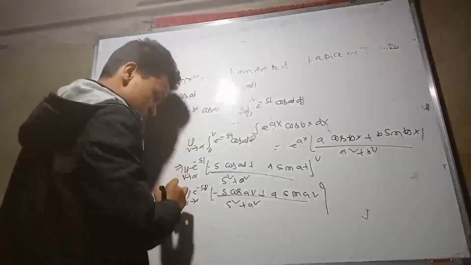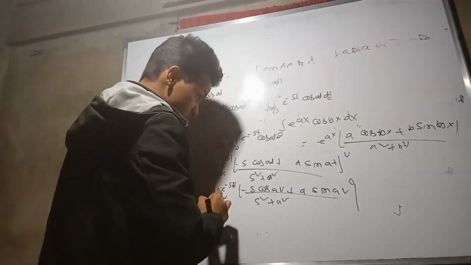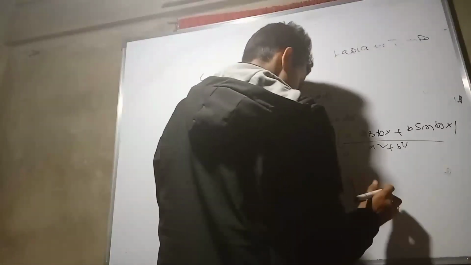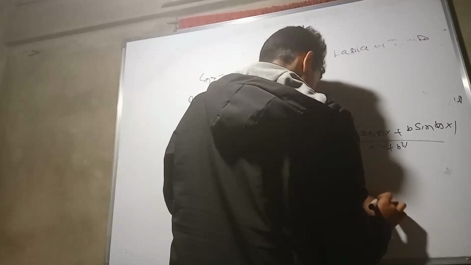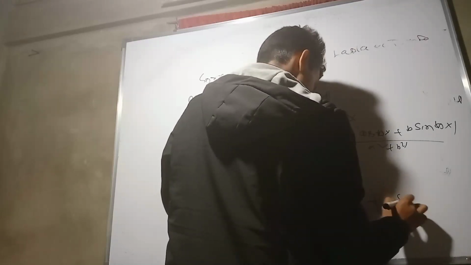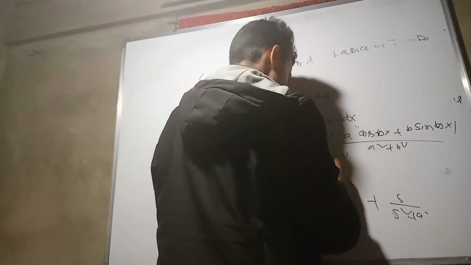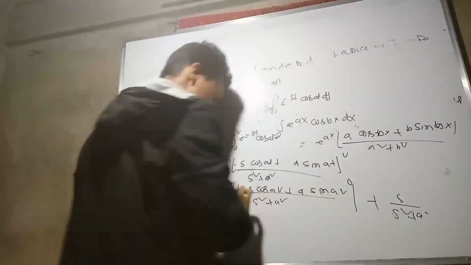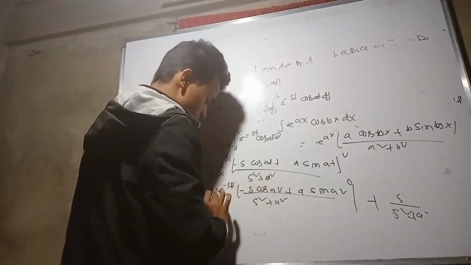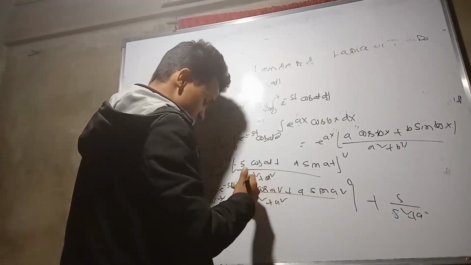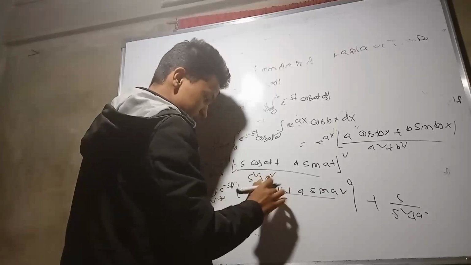Okay, so here we get minus, and after the minus it will be plus s by s squared plus a squared. When we put this below, that term will cancel, so there will be no value. Now we have to put infinity in place of b by taking the limit.